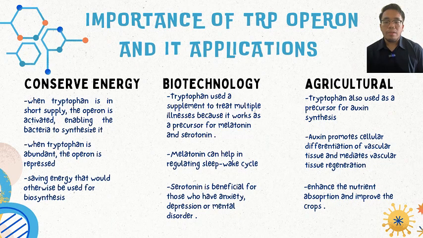Tryptophan has also been used in the agricultural sector, since it can act as a precursor for auxin hormone that is very important for plants. Auxin promotes cellular differentiation of vascular tissue, especially in shoots, and mediates vascular tissue regeneration after wounding and makes healthy crops of plants. Thank you.